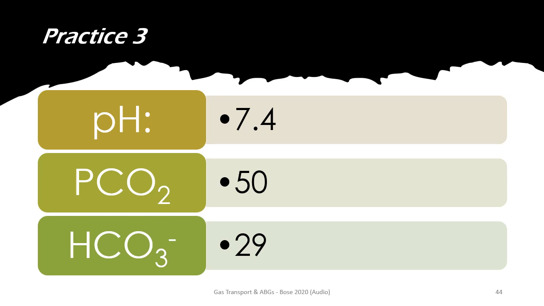In the ABG worksheet, this is exactly what you would have to do. You would have to look at the pH, the PCO2, and the bicarbonate. Remember that oxygen is an independent evaluation that does not impact the acid-base status directly.